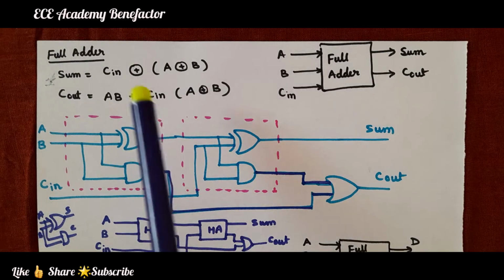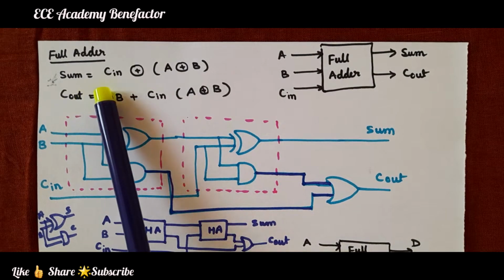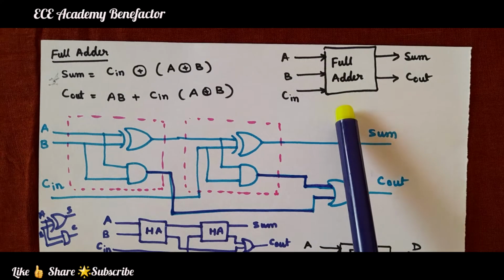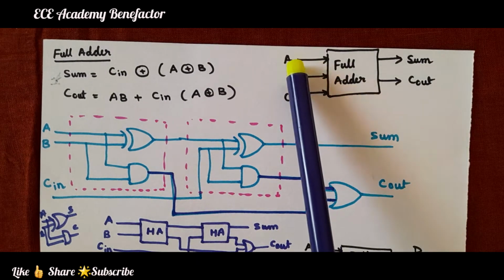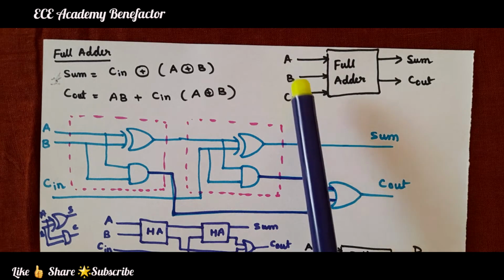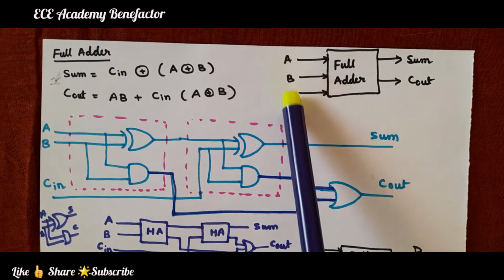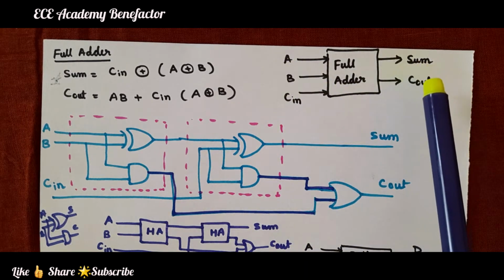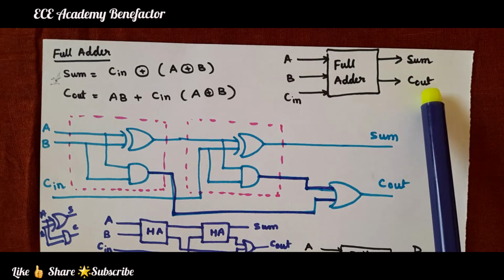Coming to the full adder circuit, the inputs we have taken are A, B, C in, meaning carry in. A, B, C in are the inputs and the outputs are sum and carry out, C out.